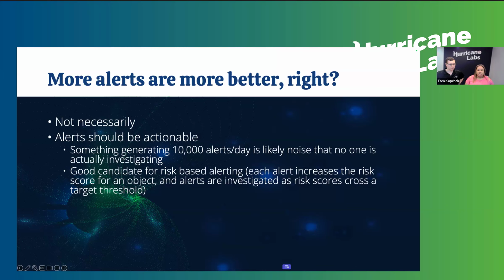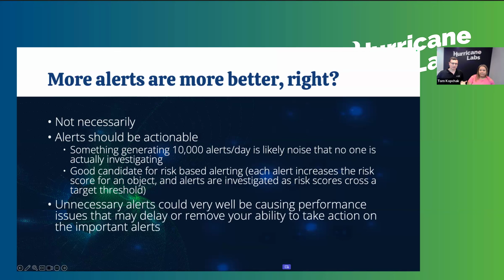And we work with clients to determine what the risk score is for each alert that factors in, as well as any base scores for objects, especially ones that are of higher severity, like a CEO or your domain controller versus an endpoint that's completely segregated from the network, or somebody who works in dev and only exists in a lab environment. And then something to keep in mind, when you have unnecessary alerts or use cases that are running that aren't beneficial, you could run into performance issues.